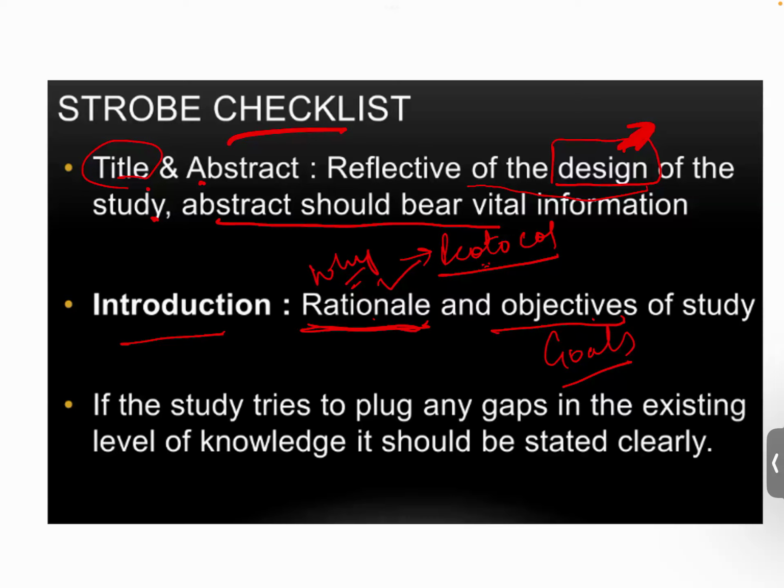So in the rationale, what the checklist is saying is almost similar to GCP principles: a scientifically sound protocol. That's what this means. If the study tries to plug any gap in the existing level of knowledge, it should be stated clearly.